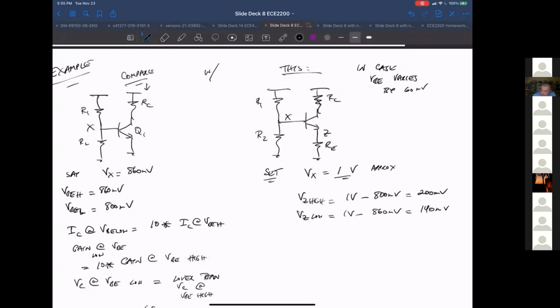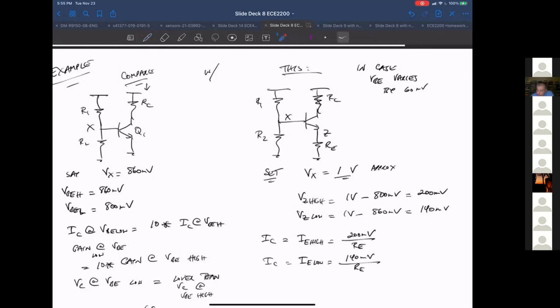Okay, so in one case, you have I sub E, and this is equal to I sub C. So I sub E high is 200 millivolts over R sub E, and I sub E low is 140 millivolts over R sub E. In this case, this is also equal to I sub C in both cases, approximately.